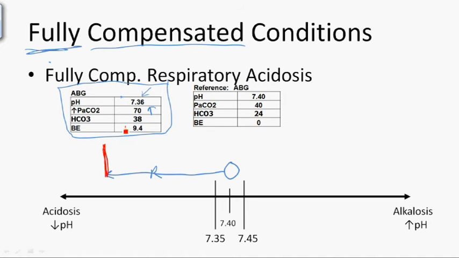And I've got a positive base excess, so I know that's going to be in the opposite direction, making me alkalotic. And my end condition is a pH of 7.36. Let's draw that out. And here we end up with a pH of 7.36. So that's brought me back into this normal range.